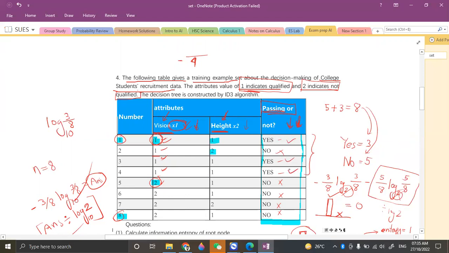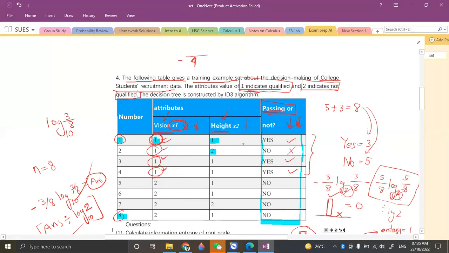We have 3 yes and 1 no. Now we don't consider the other part. We just consider this condition where the first attribute x1 is 1, that is qualified. So we are just considering these 4, and we don't consider these 2.